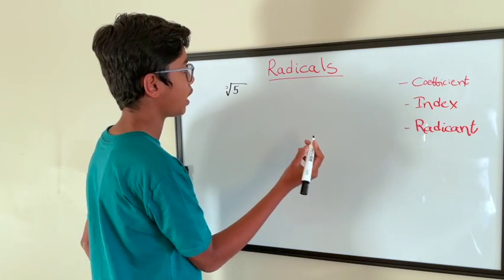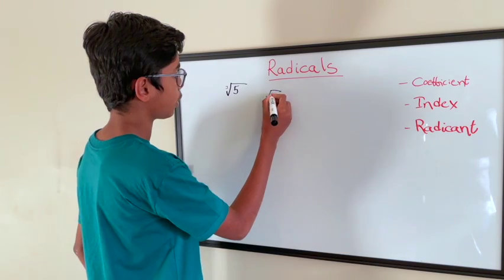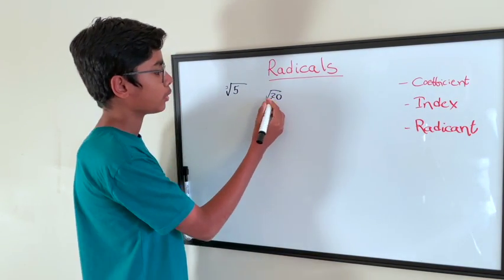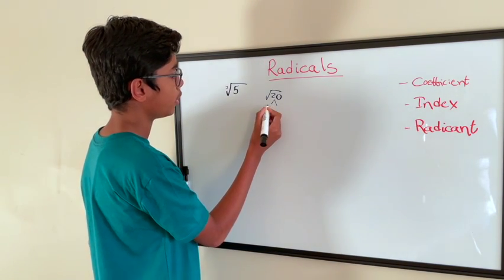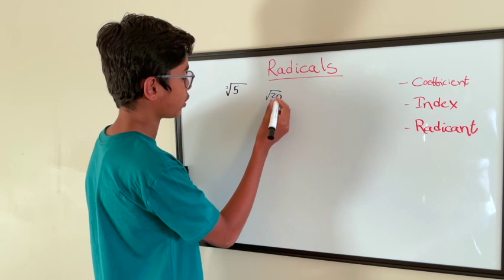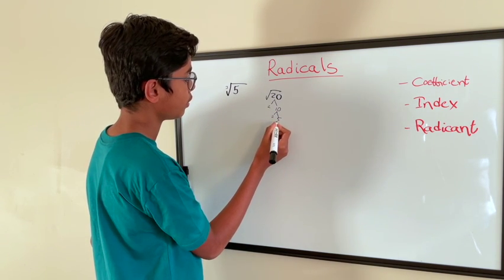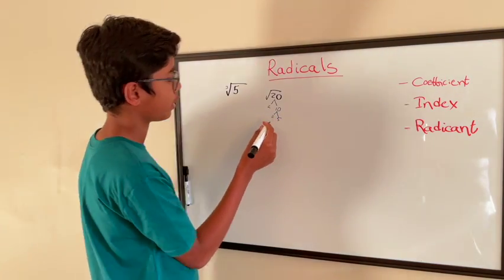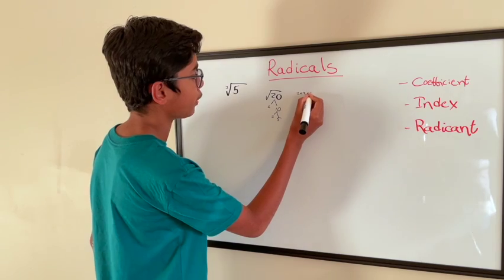Let's say we have the square root of 20. We can simplify this by factoring it: 2 and 10, and then 2 and 5. So we have 2, 2 and 5. So it's 2 times 2 times 5.